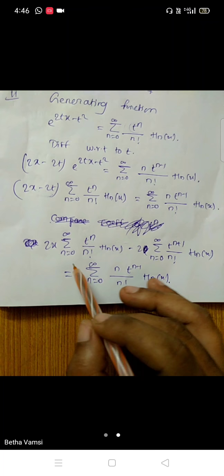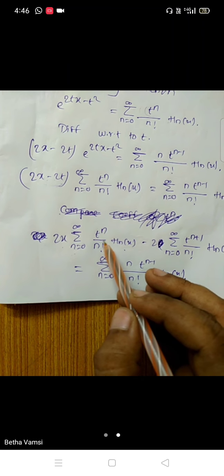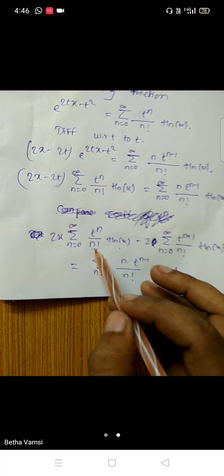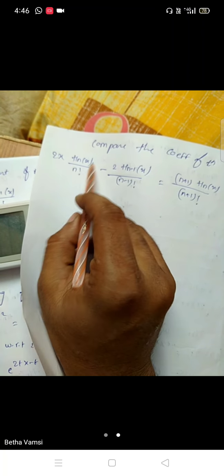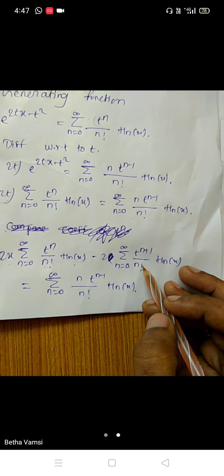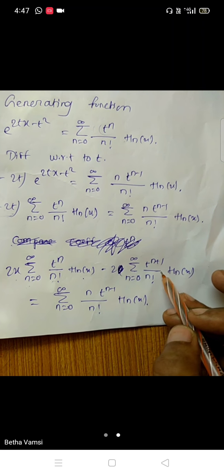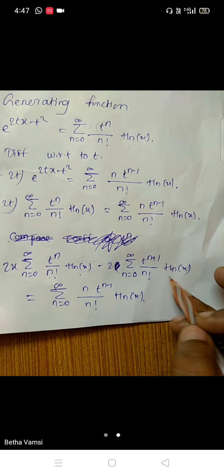So how did I write that expression? Because of this summation, I wrote 2x times H_n of x divided by n factorial, right? This is the first term. Next, we want the t power n coefficient.